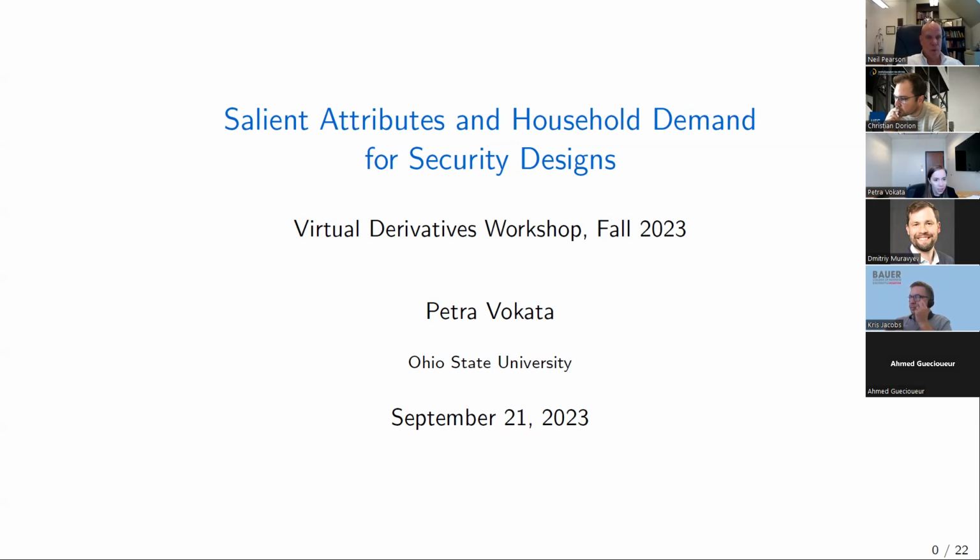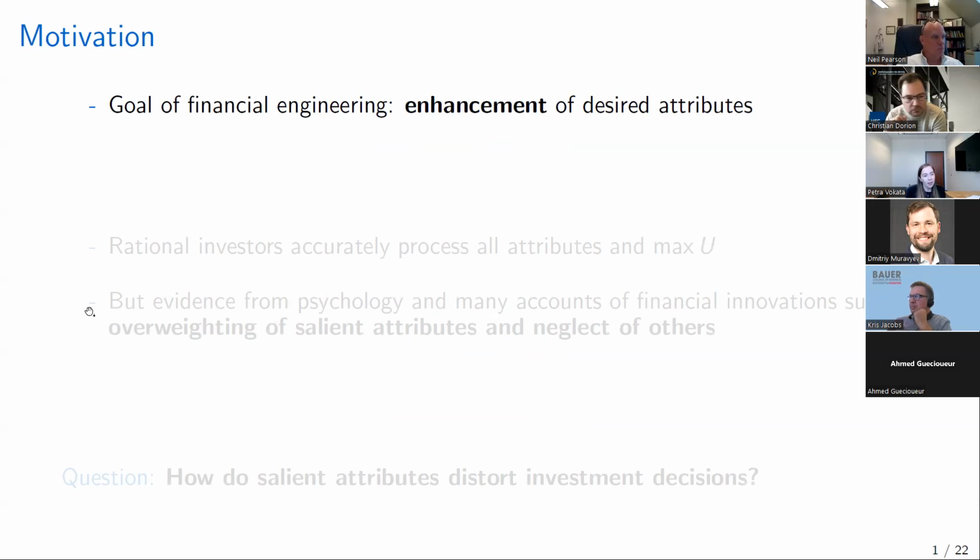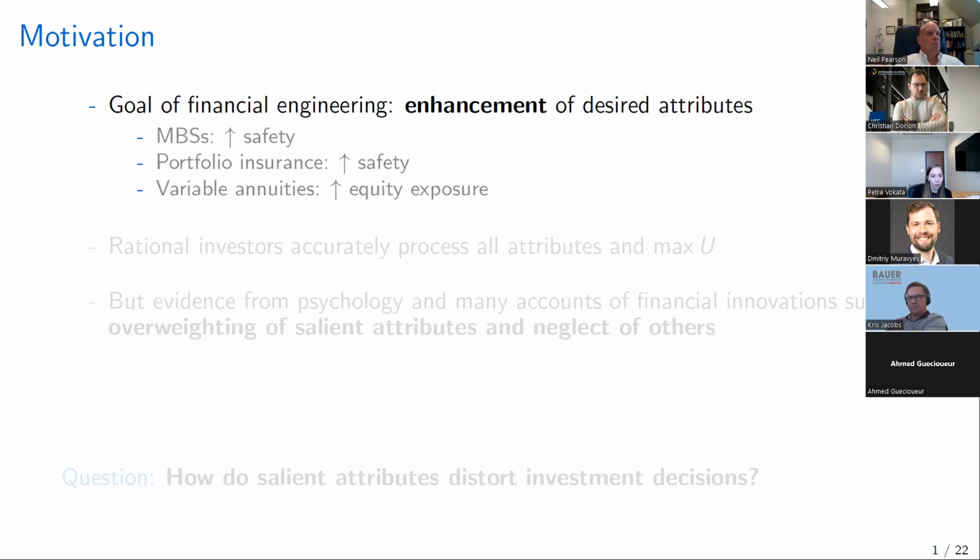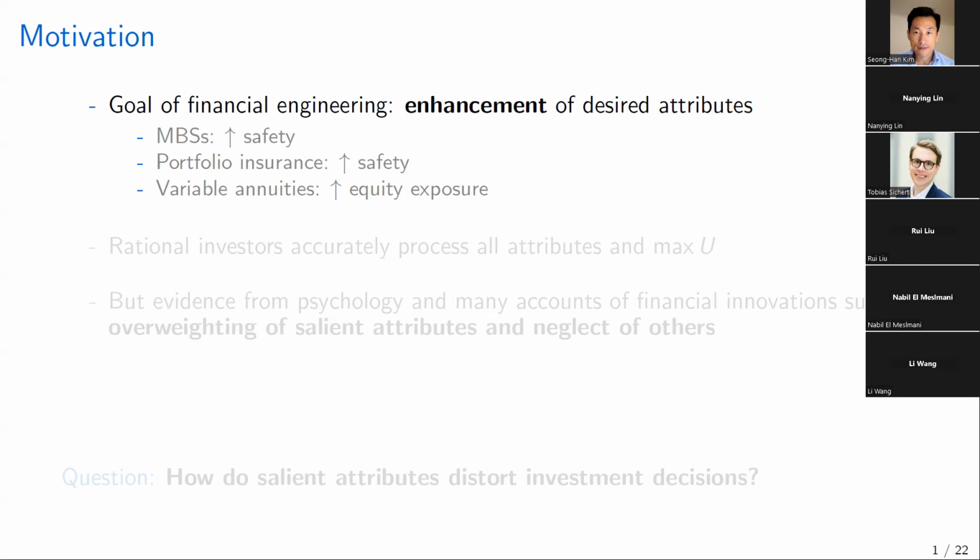If you think about different types of financial engineering, the common goal is to improve, or what I call enhance, some kind of desired attributes, some attribute that investors value. To give you a few examples, pooling and tranching of mortgages into mortgage-backed securities is enhancing safety as it creates safer AA-rated securities out of more risky mortgages.